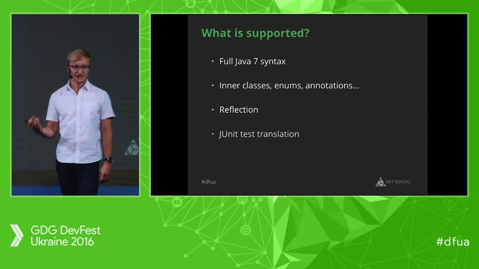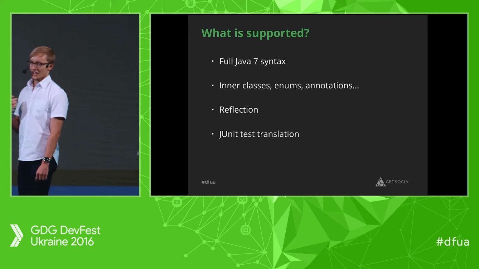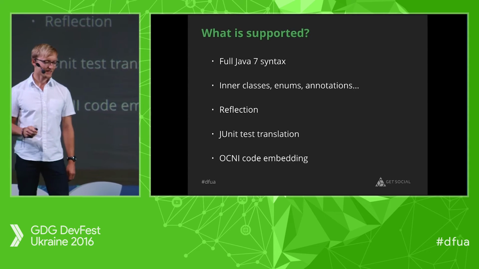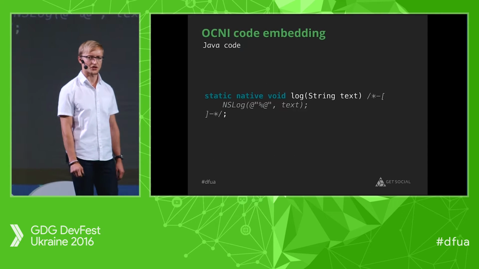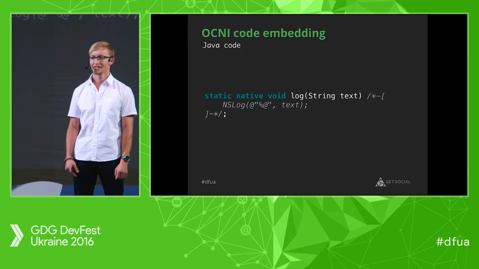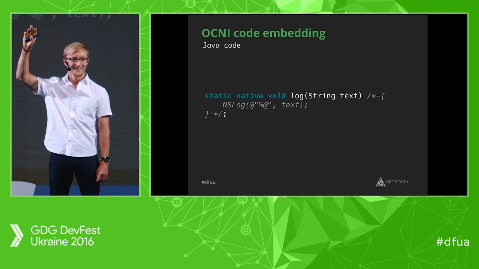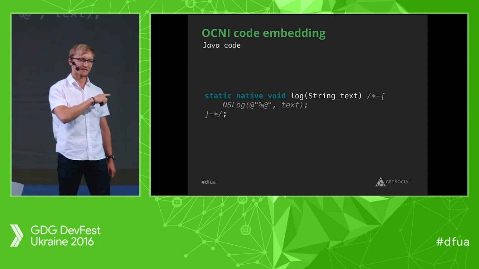Also, besides translating your code, you can translate unit tests. And it supports JSNI code embedding. Here we'll stop for a second longer. Who has experience with GWT? It's a web framework where you can write in Java and cross-compile to JavaScript. And remember, they had the ability to embed JavaScript code into Java.